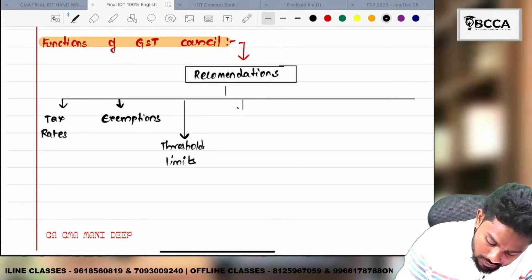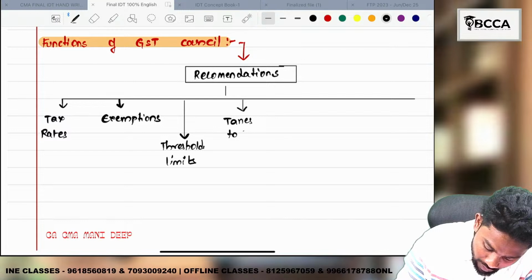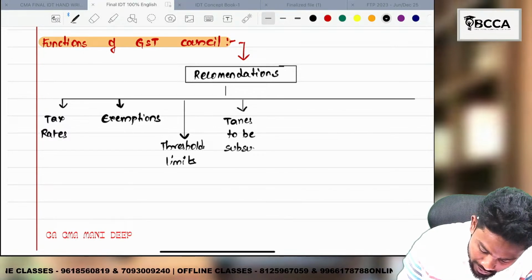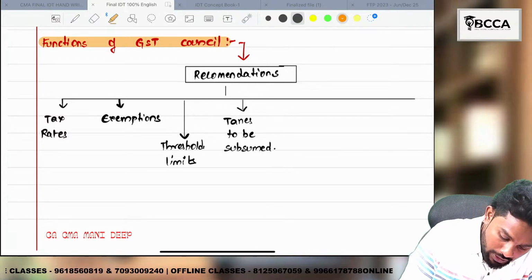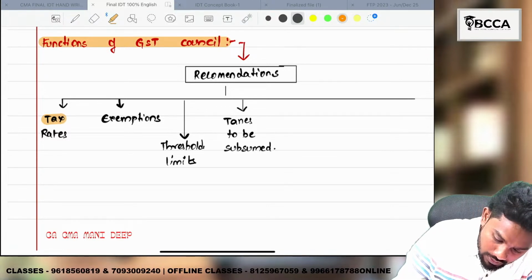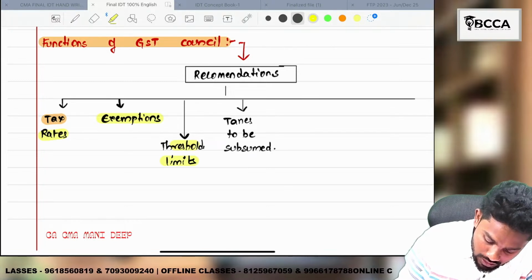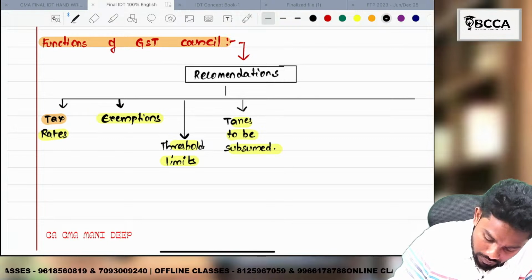And then taxes to be subsumed. They give recommendations on tax rates, exemptions, threshold limits, taxes to be subsumed.